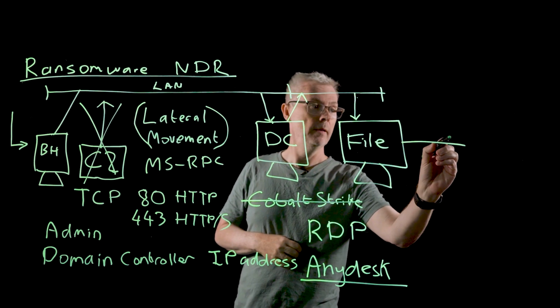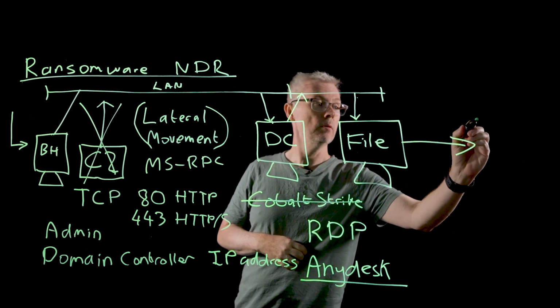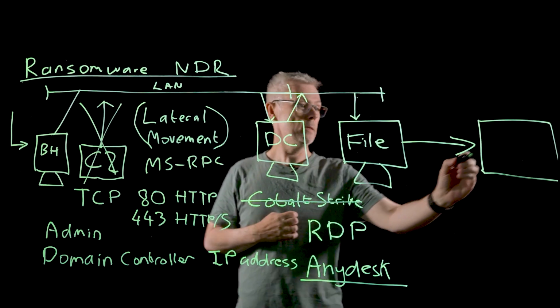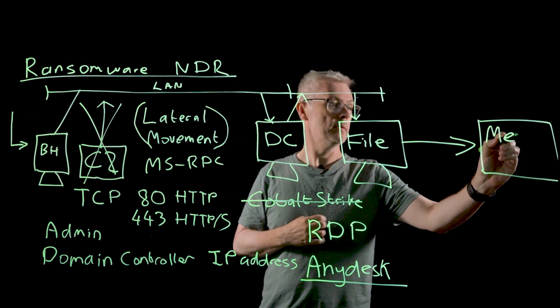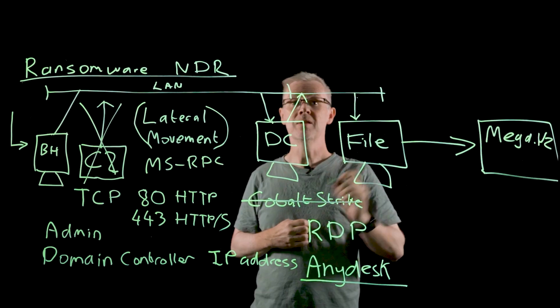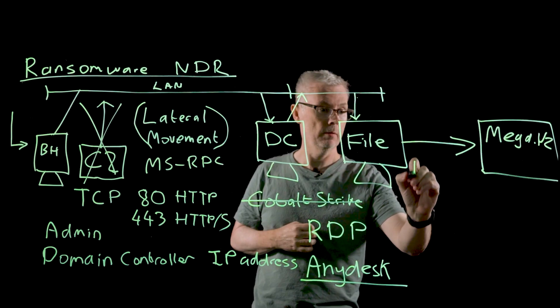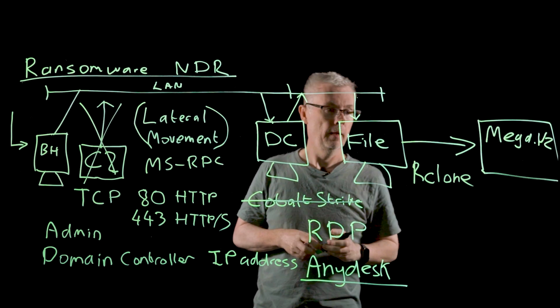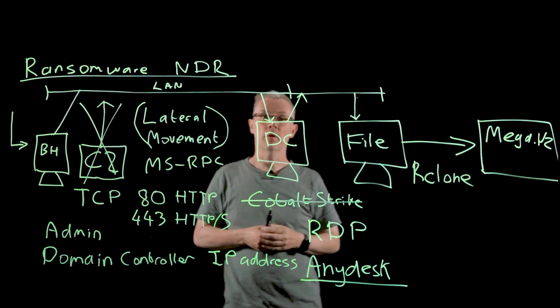This is where they send the files out to an external server on the internet, and a popular one that they like to use nowadays is mega.nz, and they will often send that out using protocols like rclone. And this is another opportunity to catch the threat actors.